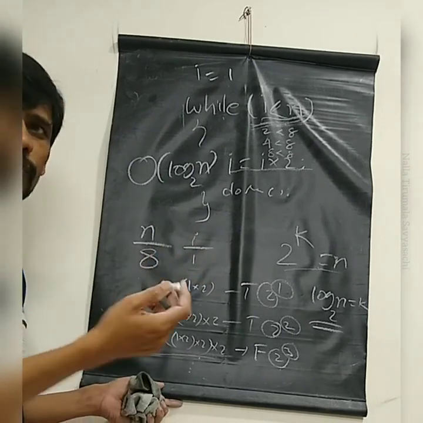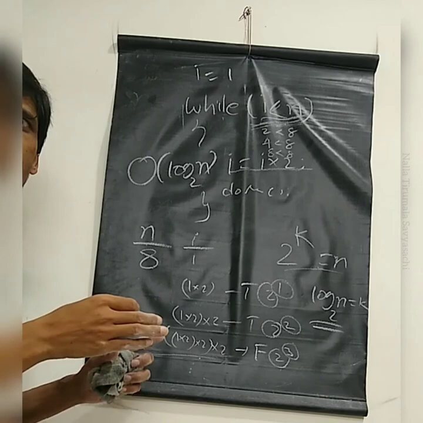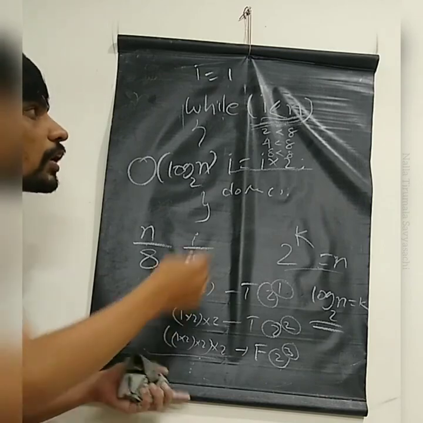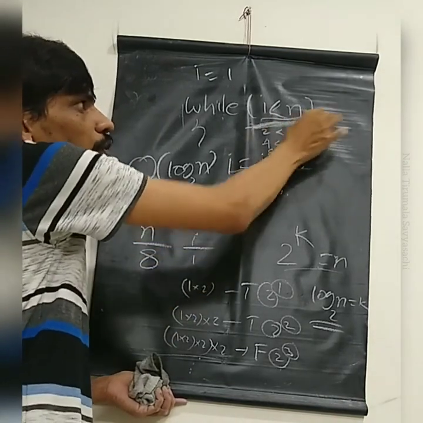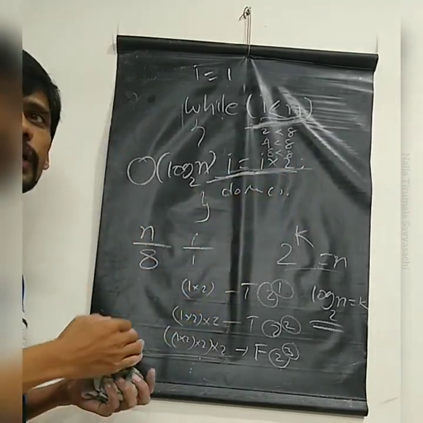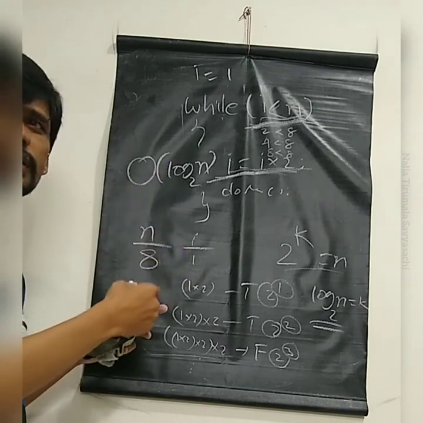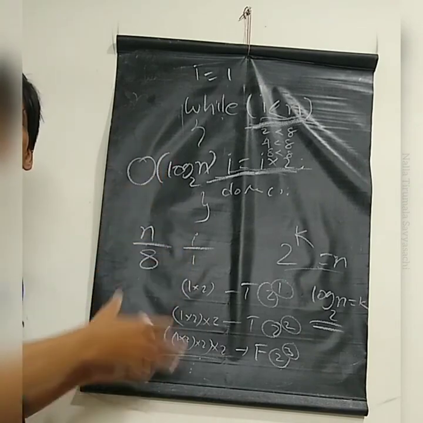So if you observe, our complexity majorly depends on the condition of your loop and how you are incrementing the value. Based on those two things, our complexity changes, right?